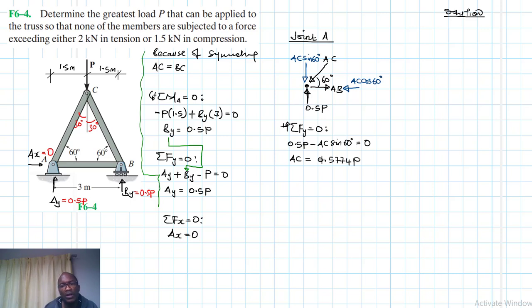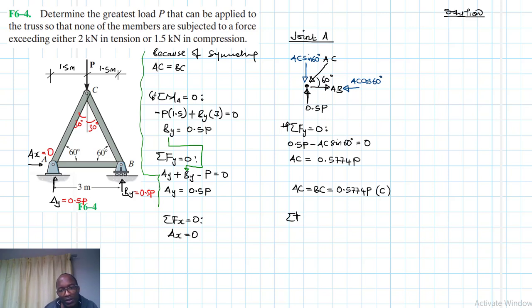Okay, then let's find B. And therefore we said AC is equal to BC. Therefore, AC is equal to BC, which is equal to 0.5774 P. We had assumed it to be in compression, and we found no change of sign, therefore this is in compression.